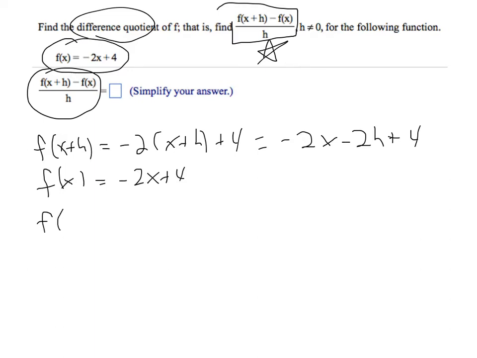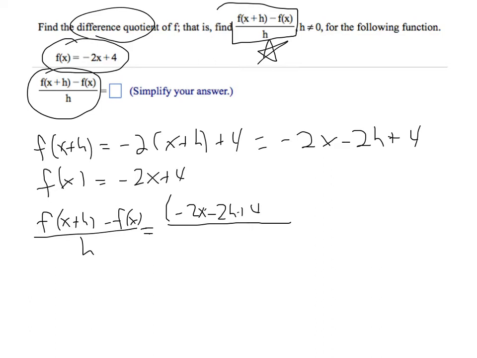So f of x plus h minus f of x over h is equal to, and I'm going to use parentheses here to make sure I don't screw this up, f of x plus h is this guy. So I'm just going to write that guy down, minus 2x minus 2h plus 4. And notice that I'm putting in parentheses just to make sure I don't mess anything up. This f of x plus h is all of this, and so I've just changed this into this.